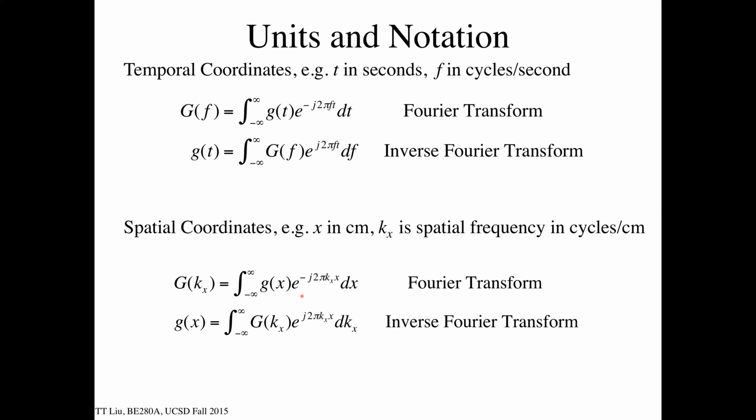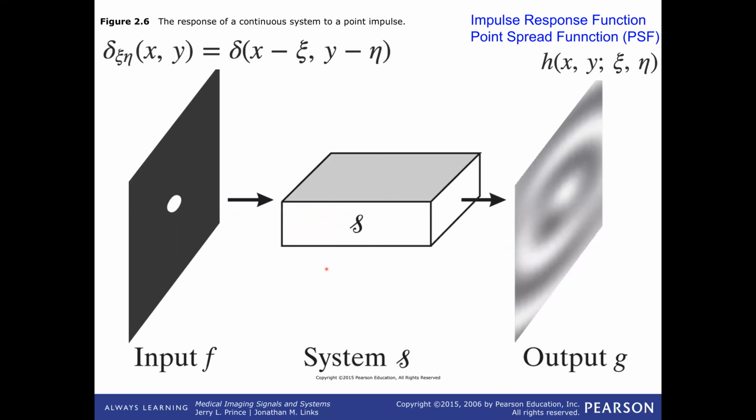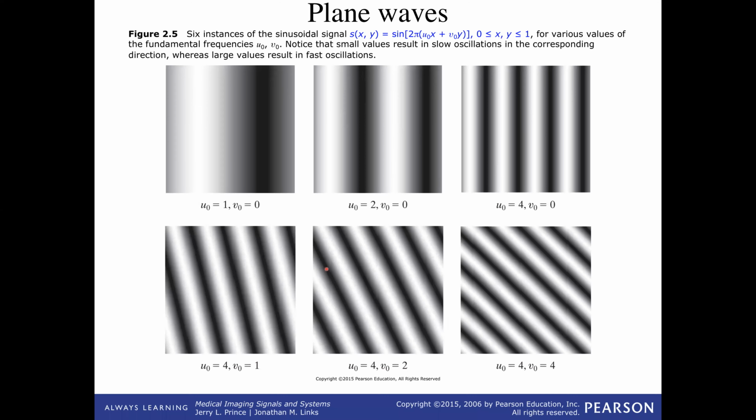When we take the Fourier transform of that, and we use this k sub x as our variable in that Fourier transform, this is a frequency, but it's a spatial frequency. It's how many oscillations per centimeter are we talking about if I had a sine wave in the plane. When we go back to that example of sine waves in the plane, these are spatial frequencies, right?